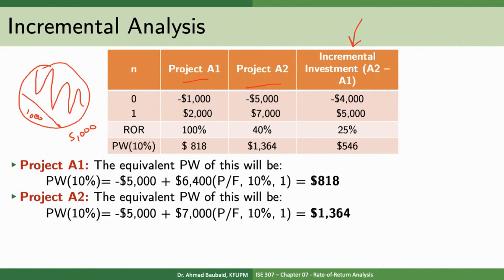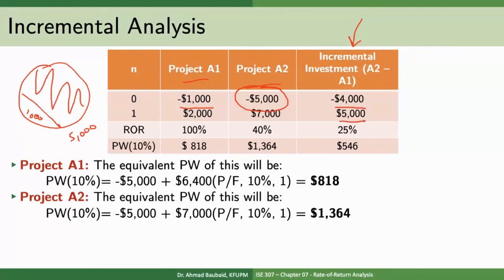So I need to find the difference between A2, which is the bigger, costlier investment, and the smaller investment, which is A1 in this case. You can see that difference is an additional $4,000, which corresponds to the question I just posed: is the additional $4,000 in investment worth it?